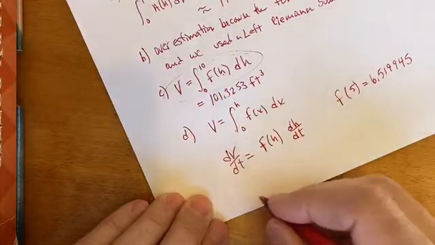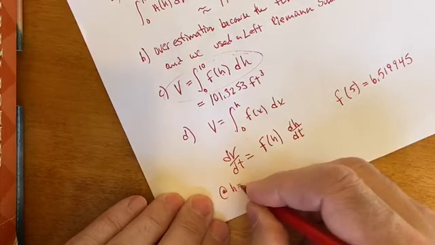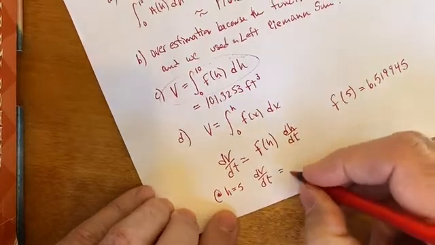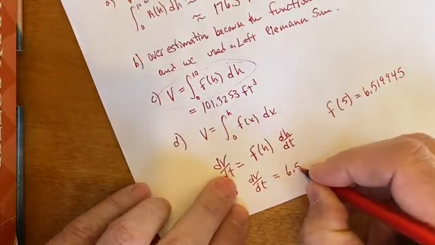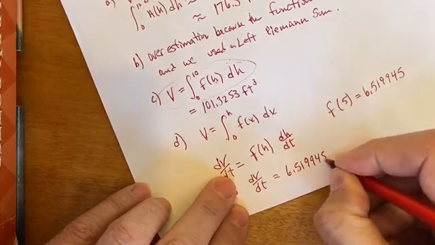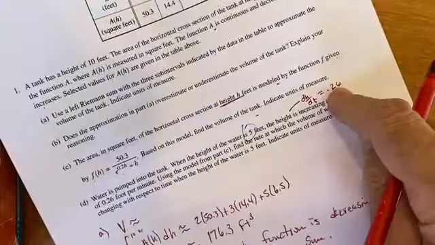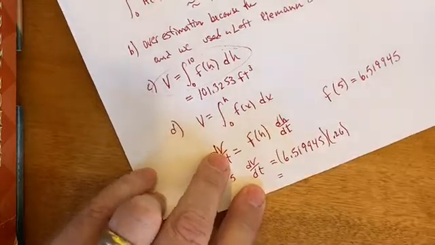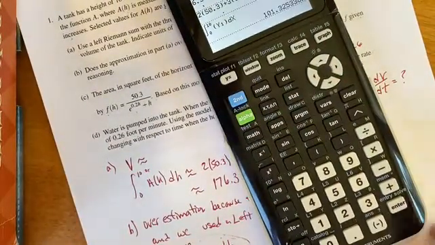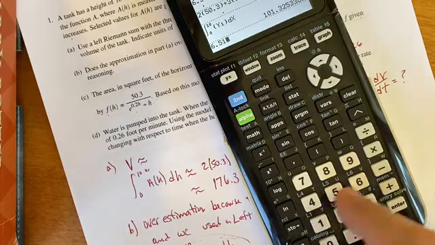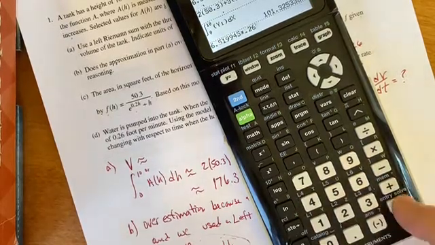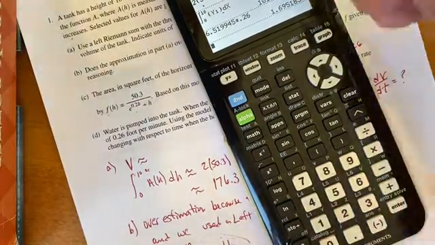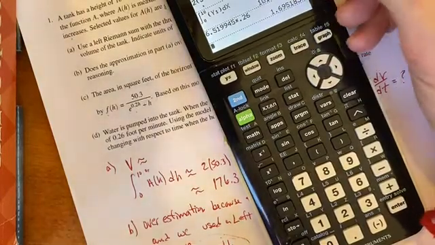Okay, so at h equals 5, dV dt is 6.5199945 times 0.26. And that's 1.6952.